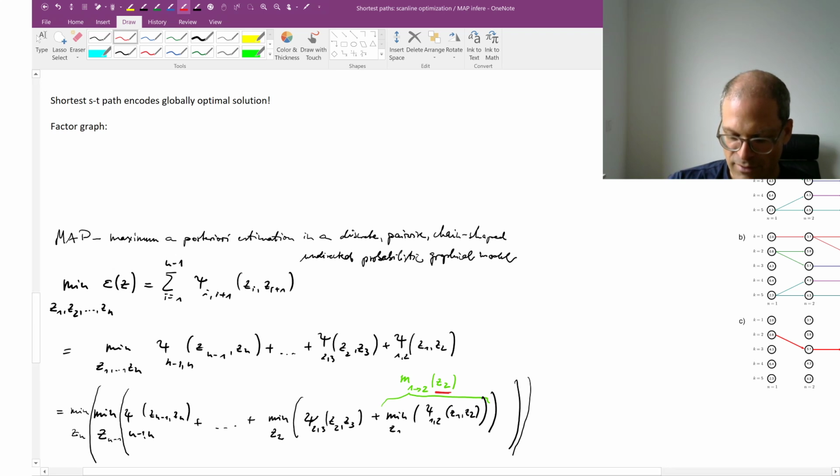So we have here psi I, so it depends on the states at times I and I plus 1, and then on these vectors describing the solution or state at time I and at time I plus 1.